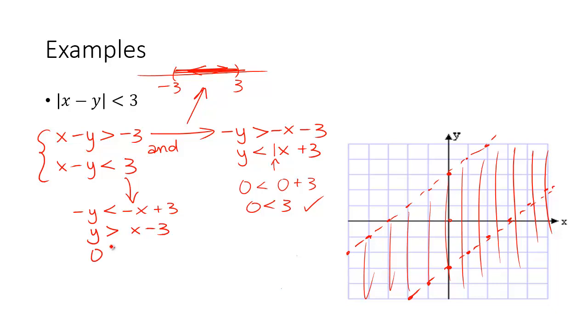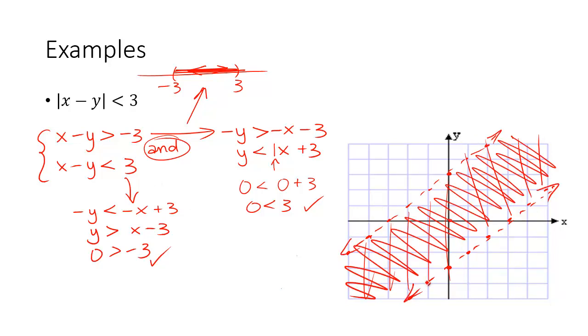So 0 is going to be true, so we're shading the top portion. An and statement, we want just the common bits. So you can imagine all the points between these two lines are going to represent the solution.